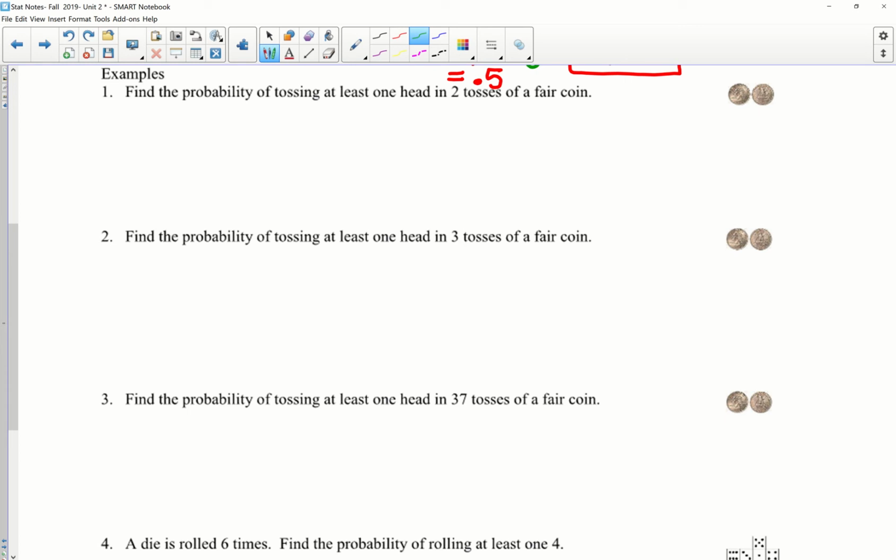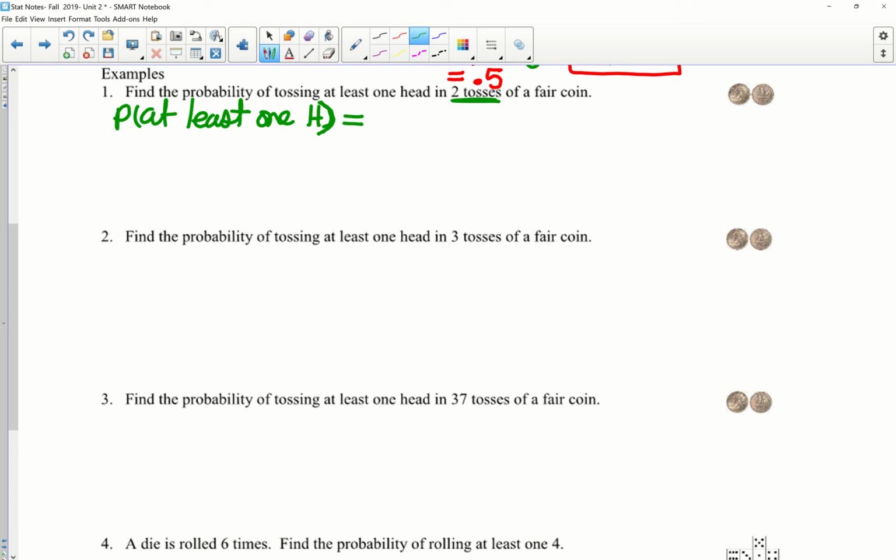Okay. Find the probability of tossing at least one head in 2 tosses of a fair coin. So with all that stuff in mind, it's pretty straightforward, because I'm just going to set up my notation: probability of at least one head. Now, we do have to keep in mind how many trials are happening, because it doesn't really make its way into the formula, but it does make its way into the concept.